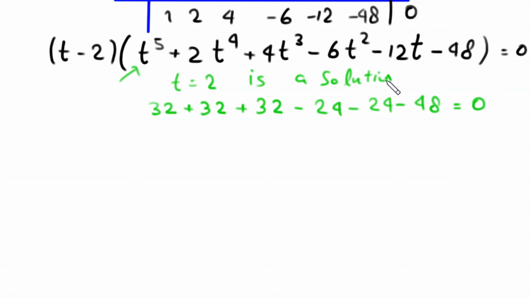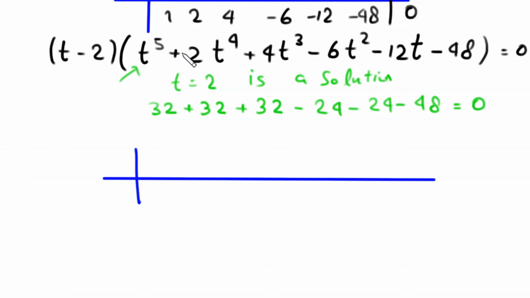So to find the third factor, again we use synthetic division. We write the coefficients of this factor: 1, 2, 4, negative 6, negative 12, and negative 48, and we divide by 2.